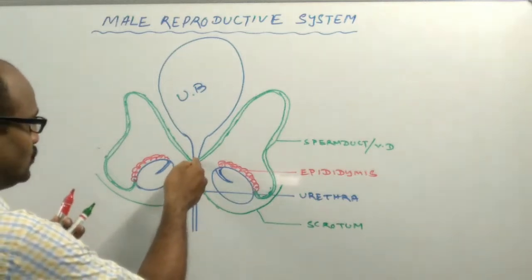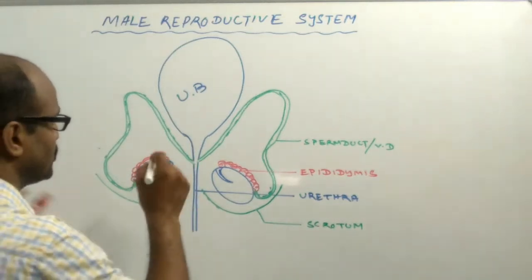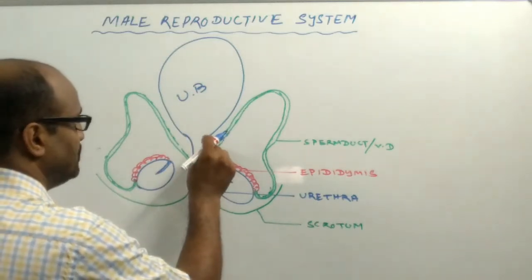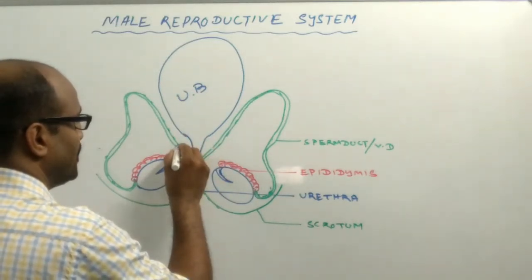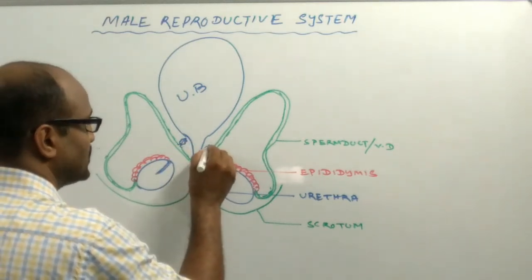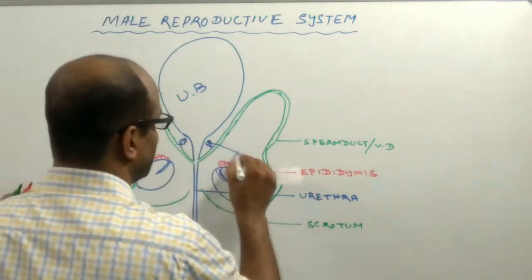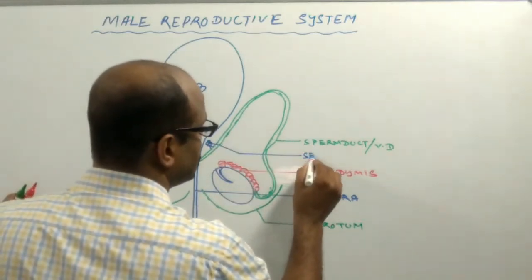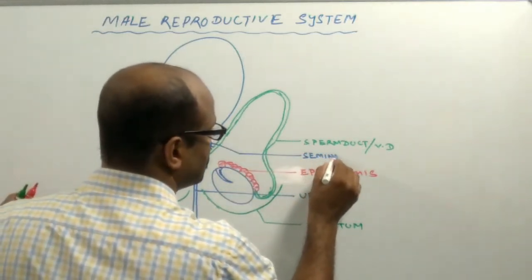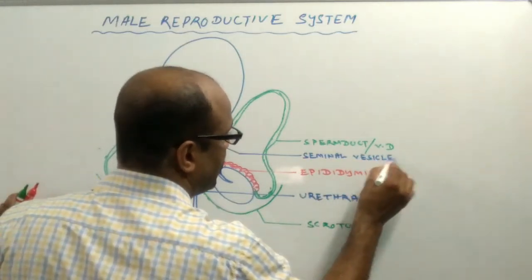And before opening into the urethra, this duct receives the opening of another gland, which is known as the seminal vesicle. So this gland is the seminal vesicle.